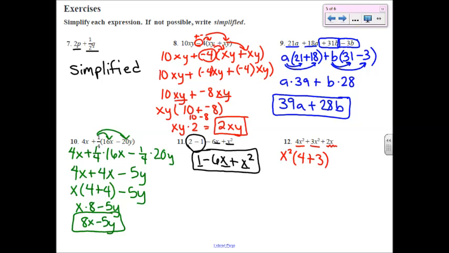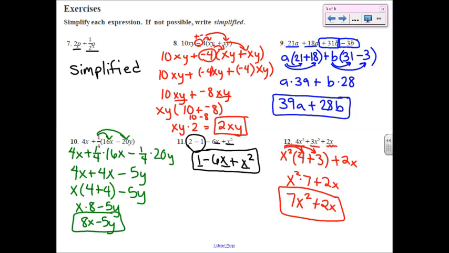And you should be able to see if I multiplied that x squared through, I would end up with my original problem. 4 plus 3 is 7. And then write the number before the variable. And that is it for that section.